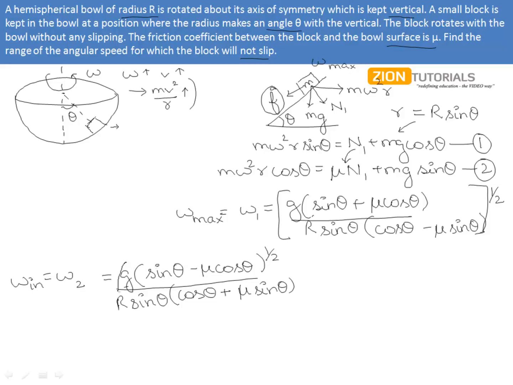This under root applies to the whole expression. And so we can say that the angular speed must lie between omega 2 and omega 1 in order to avoid slipping of this block within this bowl.